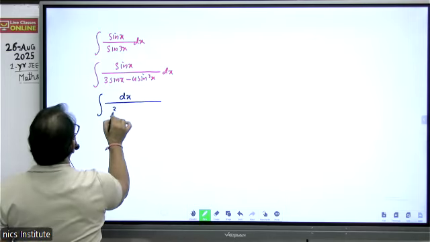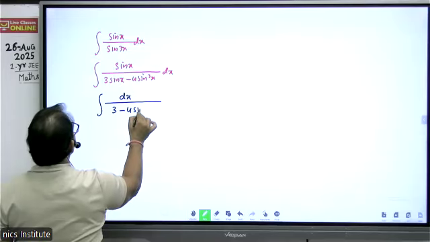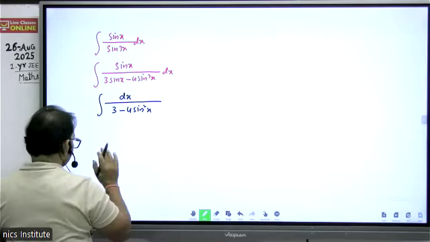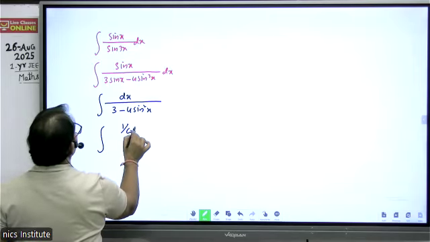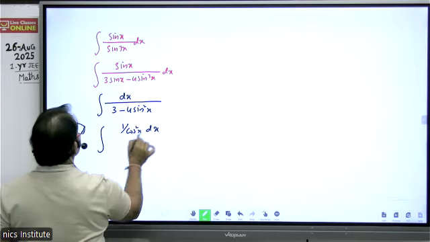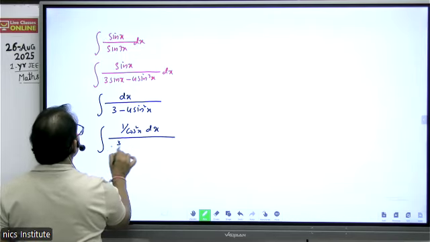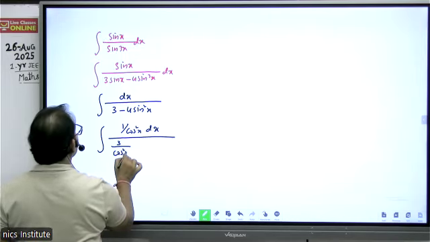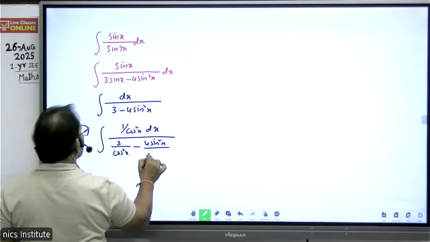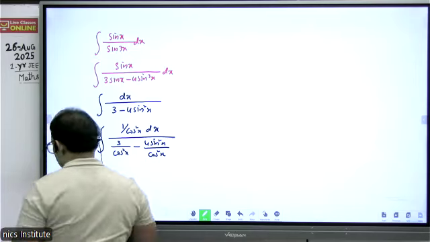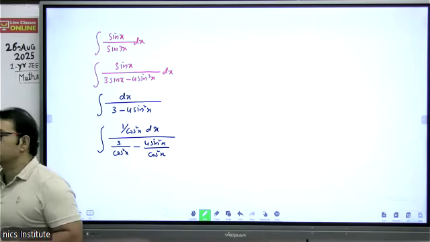So you have 3 minus 4 sin square x. So now this is that type of question. So dividing numerator and denominator by cos square x.